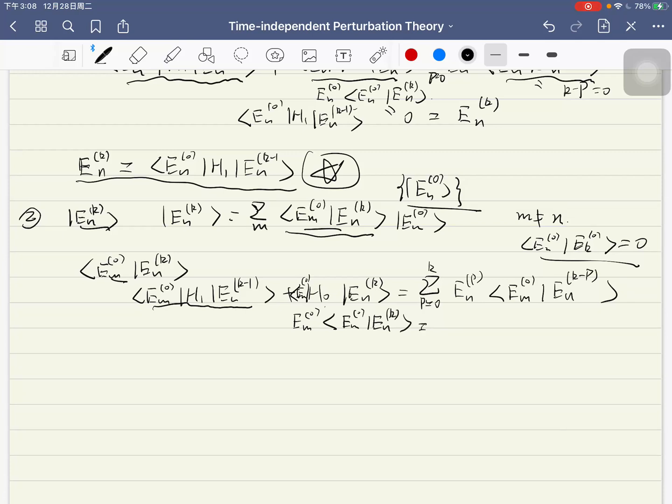The right hand side for p equals 0, because E_n0 equals 0 and p equals k, we have the basic equals to k, and therefore p equals 0.